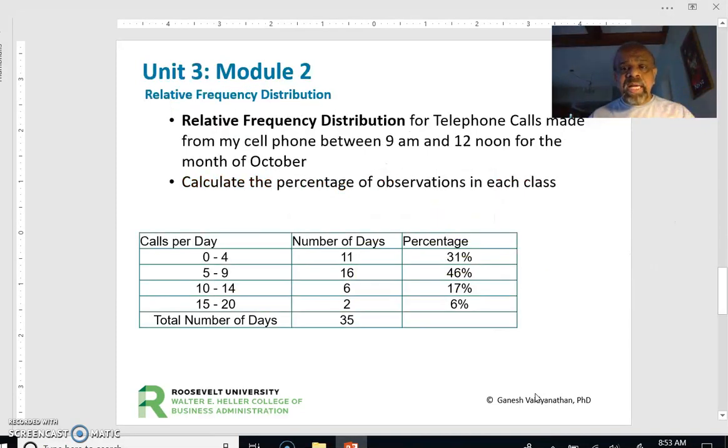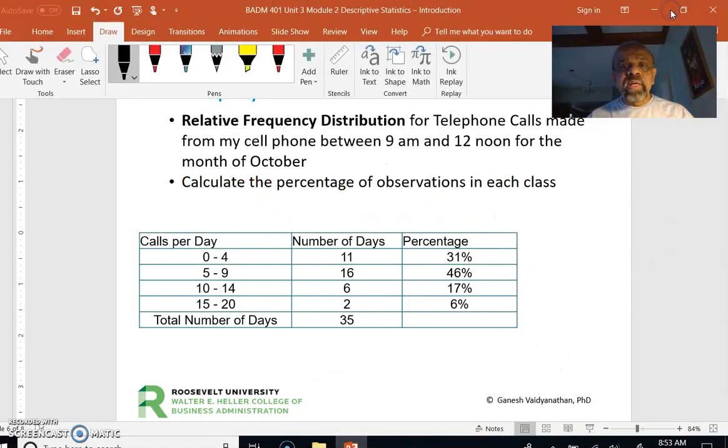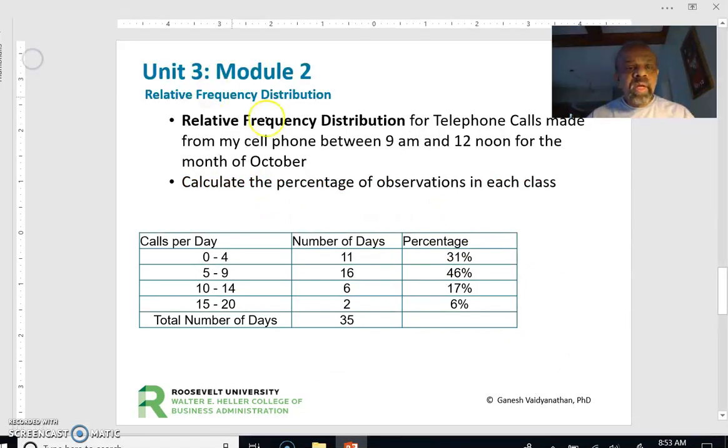Let's go to the next idea, which is to come up with what is called a relative frequency distribution. In the relative frequency distribution, I'm going to calculate the percentages. How do I calculate the percentages? I already calculated the number of days for the number of calls. My total number of days is 35.